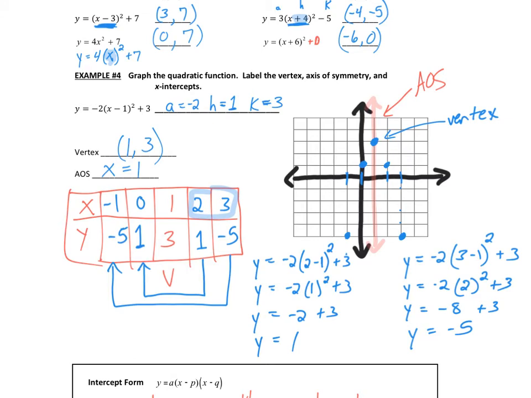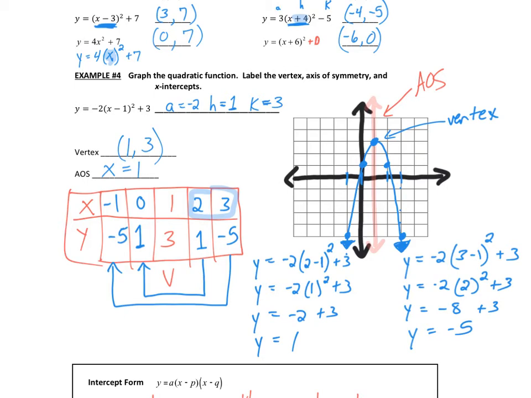So it's going to come up. Curve back down. So that is what your graph will look like. U-shaped, facing down, and it kind of goes down really fast because of a -2. -2 makes it go down fast.